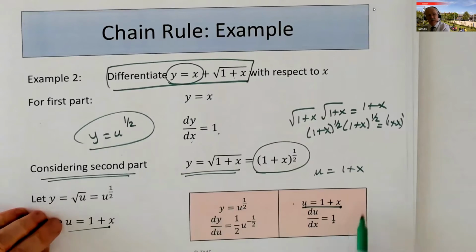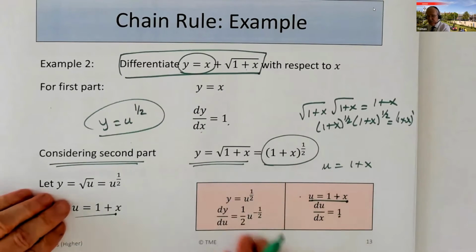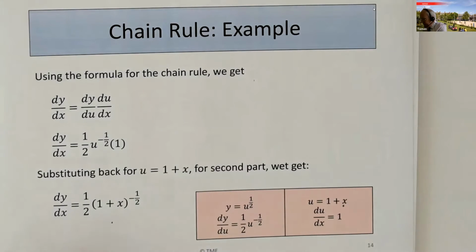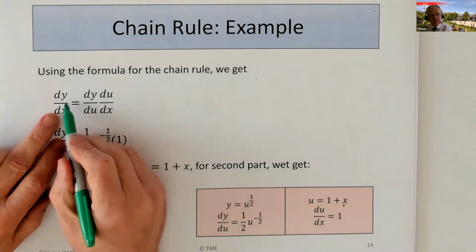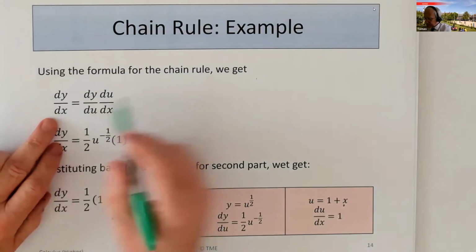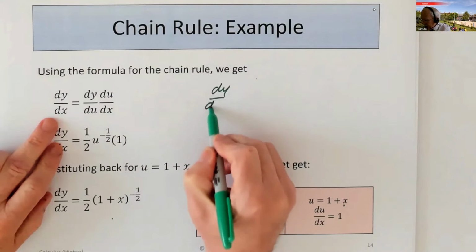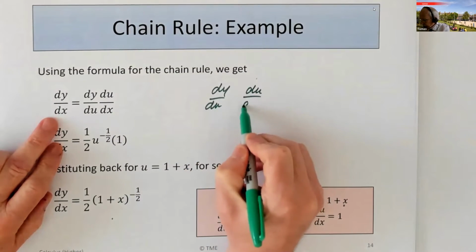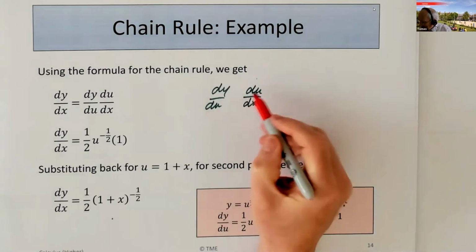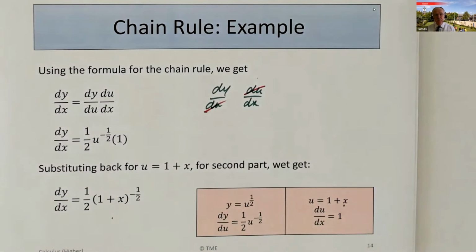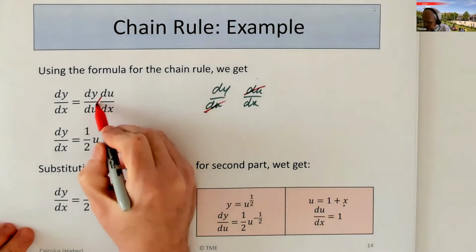So that's my zone that I'll come back to again. So here I have it on the next page. I have these, and I say, now I want dy dx. How do I get dy dx? I have a dy du, and I have a du dx. And luckily, one of the du's is on the top, and one is on the bottom. So I can get dy dx by just multiplying.